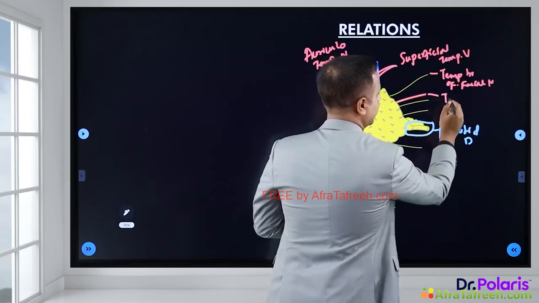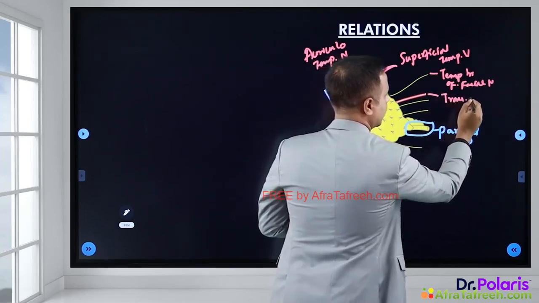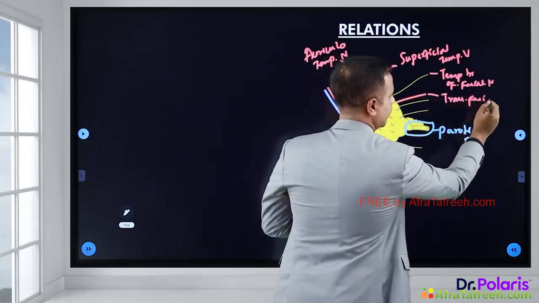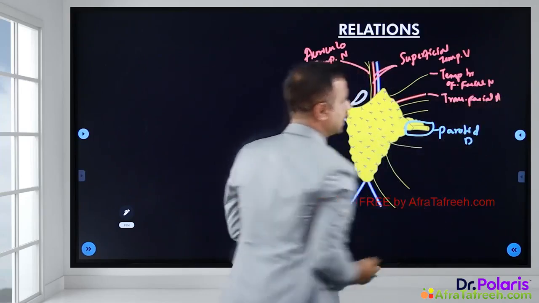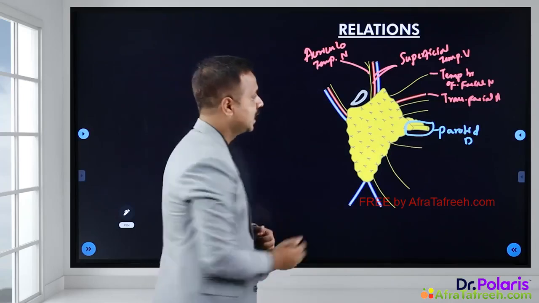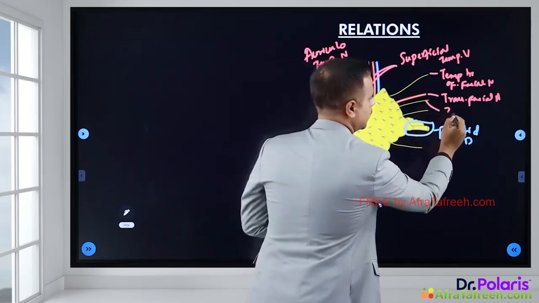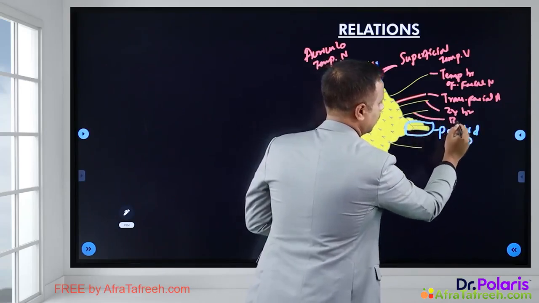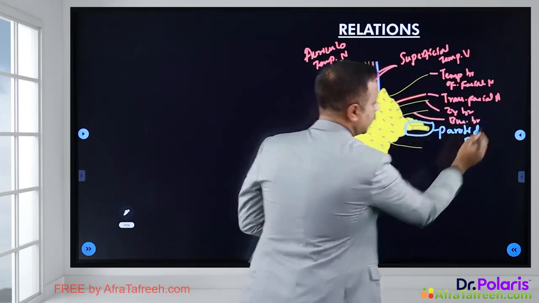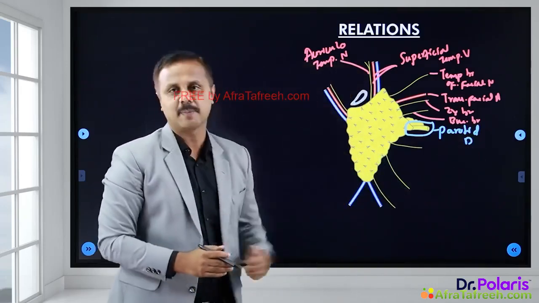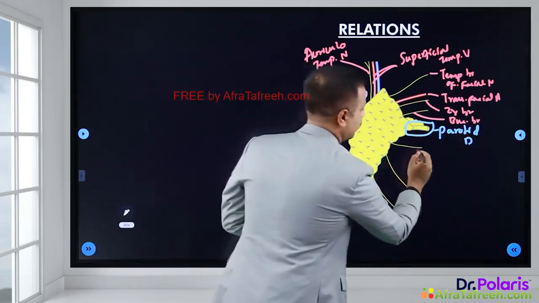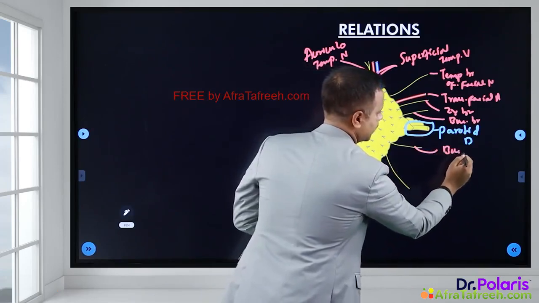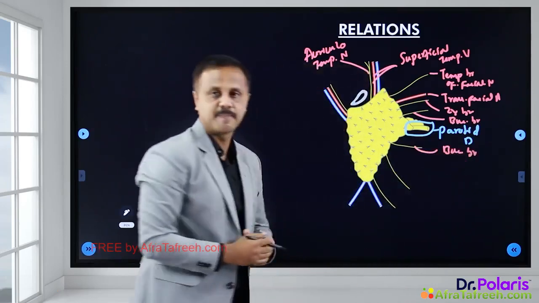This is the transverse facial artery, a branch of superficial temporal artery which supplies parotid. Then we have the zygomatic branch of facial nerve, and then we have the buccal branch. Usually on either side of the parotid gland, we will have two buccal branches coming from facial nerve.